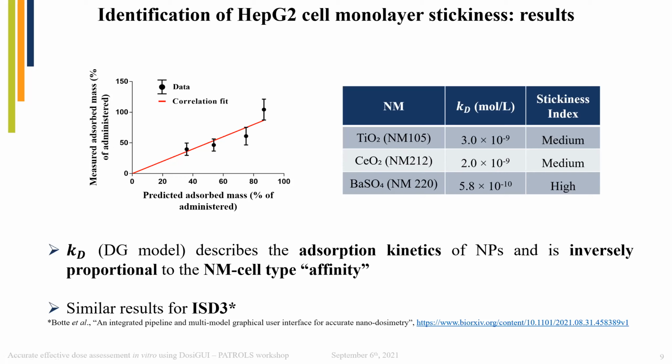None of the materials were reflective, so they all absorbed either very well or fairly well onto the HepG2 cells. And we obtained very, very similar results for both the DG and the Isd3 model. And that's one way of really fine-tuning the experiment and the DosiGUI parameters in order to obtain a much better estimation of the effective dose.